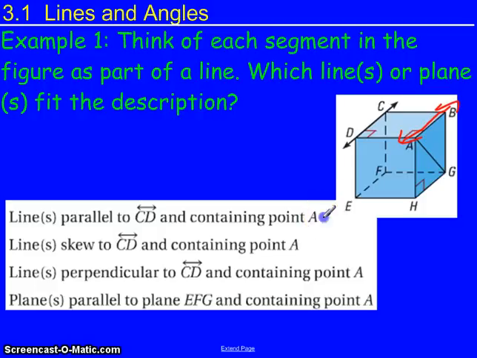So I would say that line AB would be parallel to line CD.